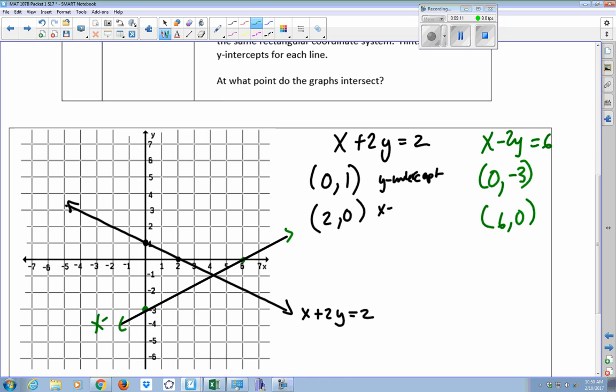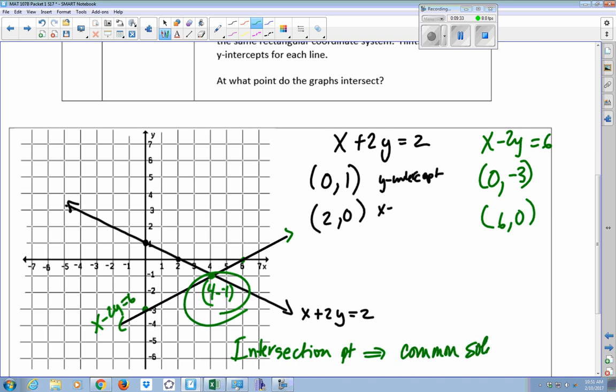We'll label it x minus 2y is 6. Notice that solution is 4, -1. That's where they intersect. So when two lines intersect, that common point, that intersection point, is a common solution. It's a common solution for both lines or to the system, the linear system.